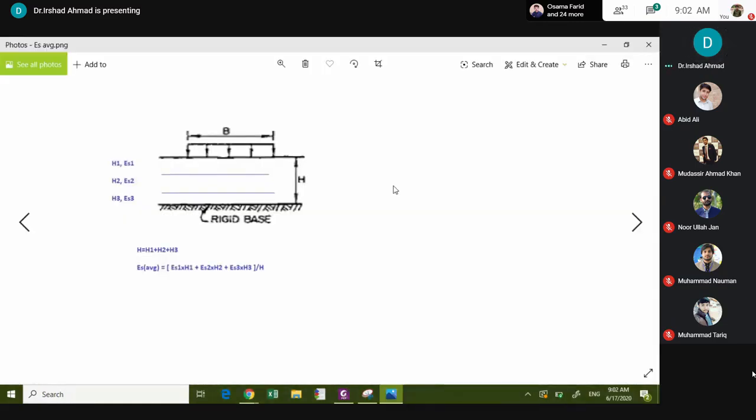If you have 3 layers, 1, 2, 3, and this is the thickness of the layer. Each layer has ES1 and thickness H1, ES2 and thickness H2, ES3 and thickness H3.